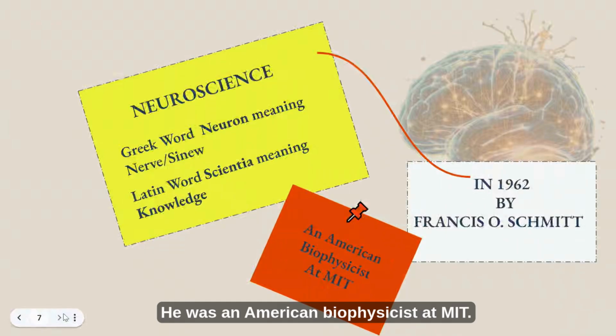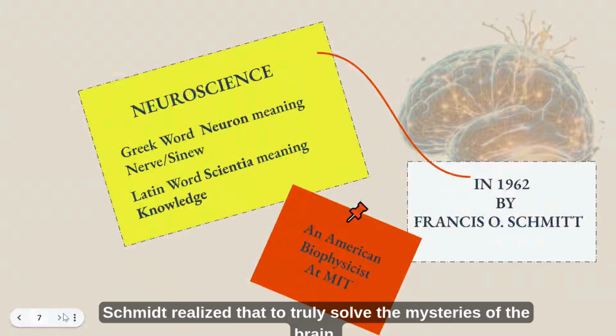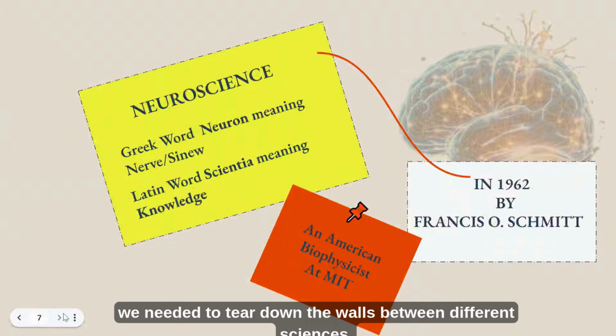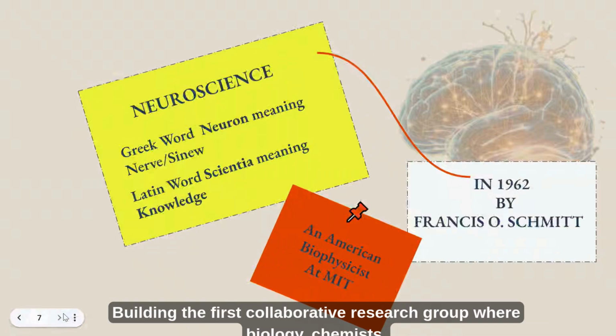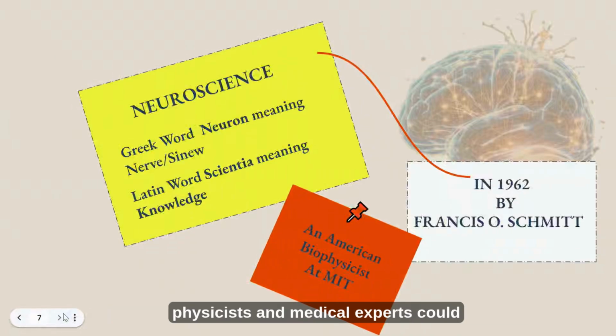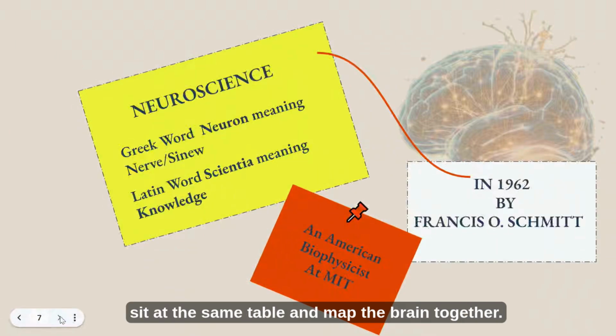He was an American biophysicist at MIT. Smith realized that to truly solve the mysteries of the brain, we needed to tear down the walls between different sciences. He officially coined and popularized the term neuroscience, building the first collaborative research group where biologists, chemists, physicists, and medical experts could sit at the same table and map the brain together.